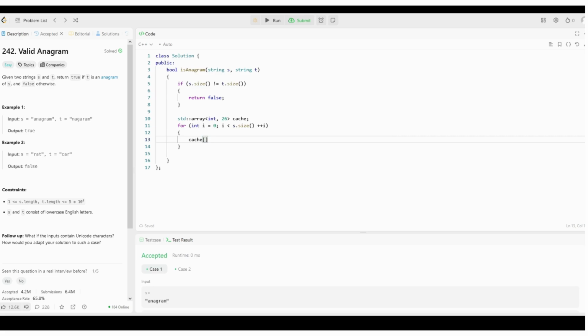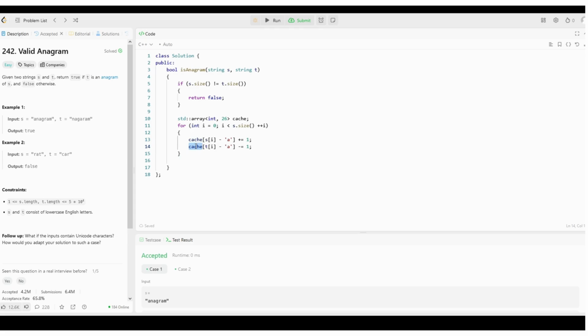But here we are going to do s of i minus 'a'. For S we are going to do this, and we said we're going to add 1 to the slot, so we can do plus equals 1, and the equation for T becomes very similar. So instead of S we use a T, and then instead of adding we subtract 1, right? So that way guys, we fill up the cache.